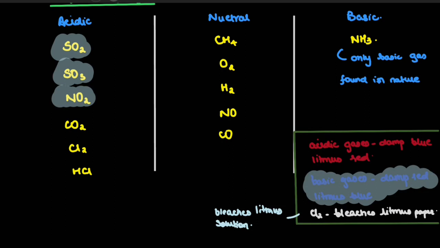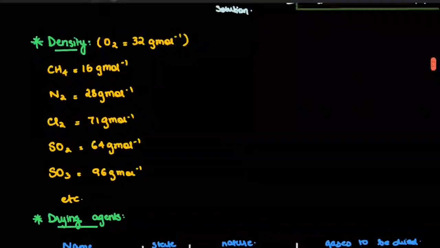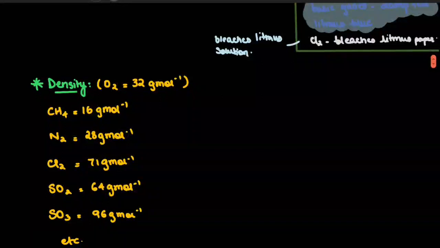All right, now let's move on to our third point, that is the density. Now, this is by far the easiest one. When we talk about density, the only thing you need to remember is that we are comparing it to oxygen. The molar mass of oxygen is 32 grams per mole.